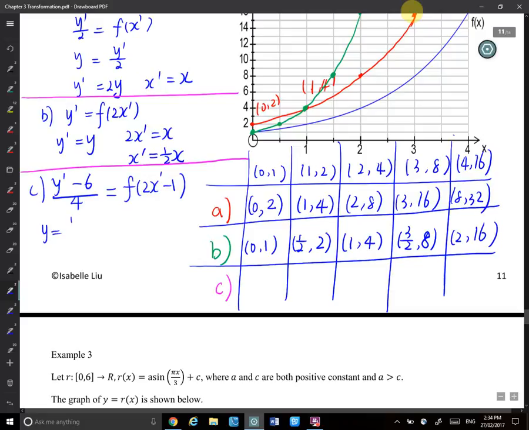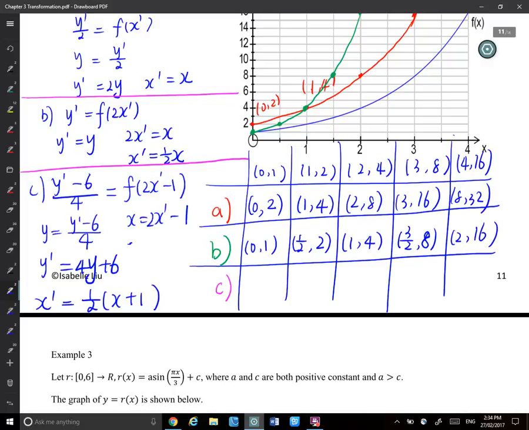So y equals (y dash minus 6) over 4, then y dash equals 4y plus 6. x equals 2x dash minus 1. x dash equals a half (x plus 1). Okay, x dash equals a half x plus 1. So the new x is x plus 1 and then half of that.